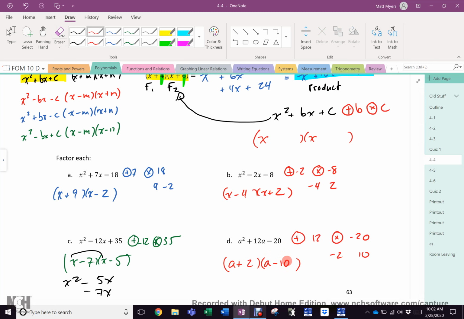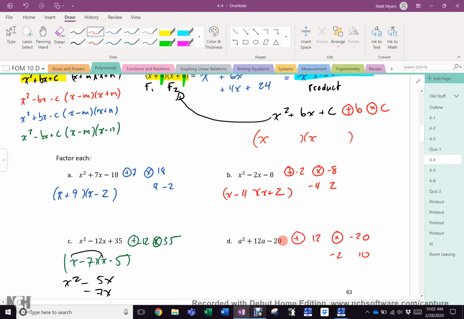So if there are no factors of 20 that add to 12, can I factor this? No. It's done. It's just like when you have finished simplifying a fraction and you get to 6 over 19. Is that fraction done? Yeah.